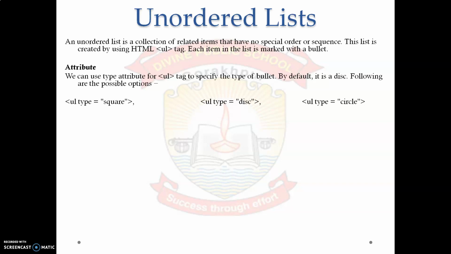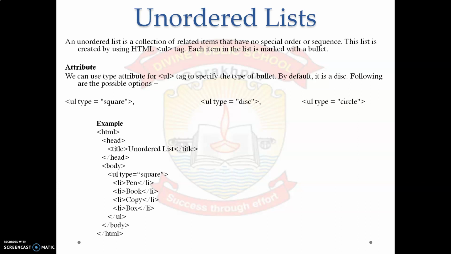Means three types of bullets are there. First one is square, second one is disc, and third one is circle. In the previous video I displayed square and disc, and the circle one you already know.